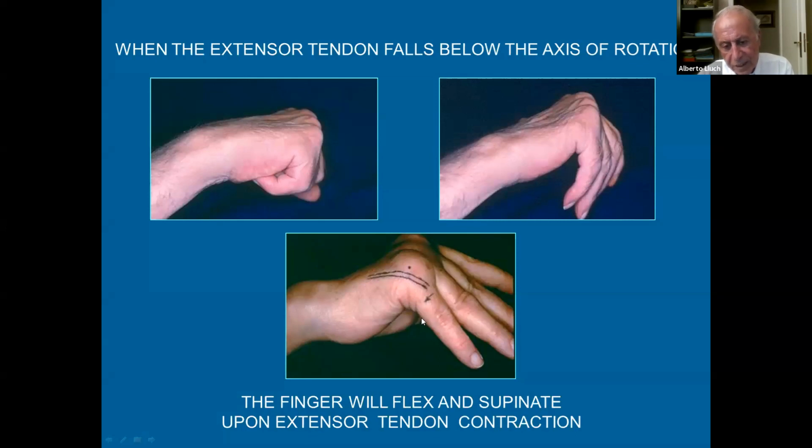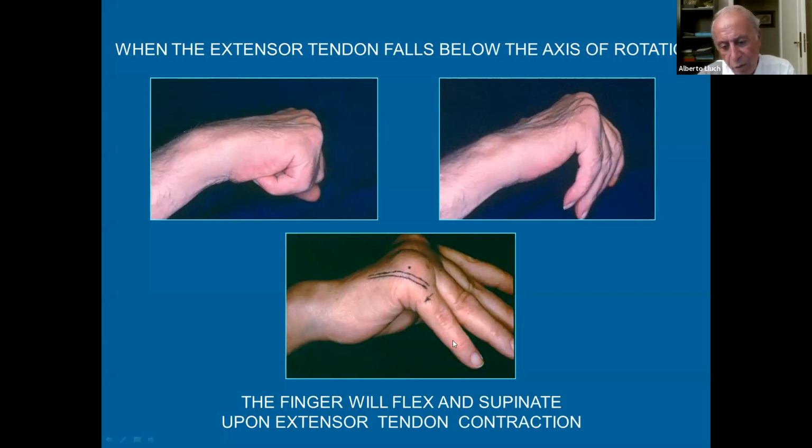So if the examining doctor puts a finger here, and you ask the patient to extend the finger, you will feel that instead of extending the finger, the patient flexes even more the finger, and even rotates the finger into supination.